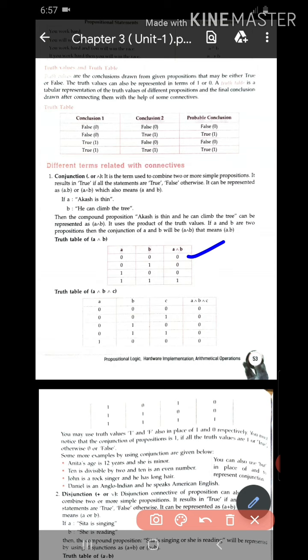If I'm saying go and call the class captain girl as well as boy, it means I want both together. I'm not saying call either boy or girl. I want the girl class captain and boy class captain together.